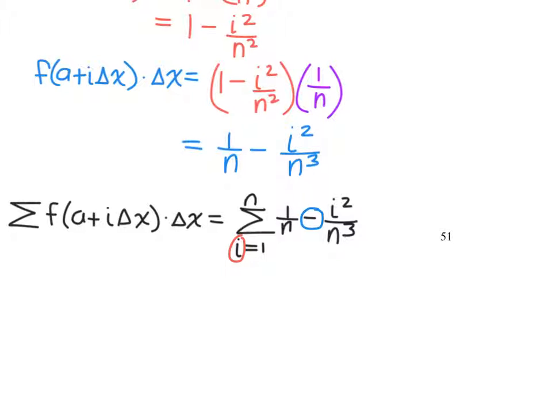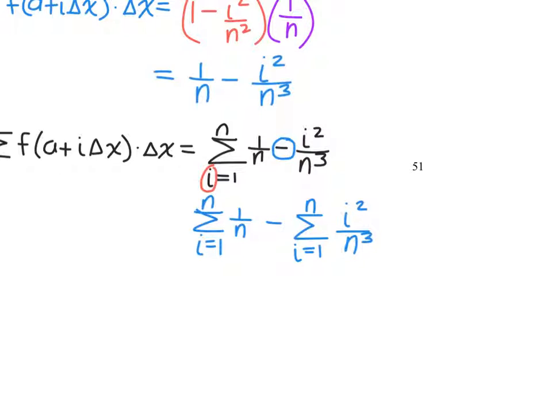But I could write this as the sum from i equals 1 to n of 1 over n minus the sum from i equals 1 to n of i squared over n cubed. What's the bottom part mean? The i equals 1? Yeah. That's your starting value if you were to expand the sum.